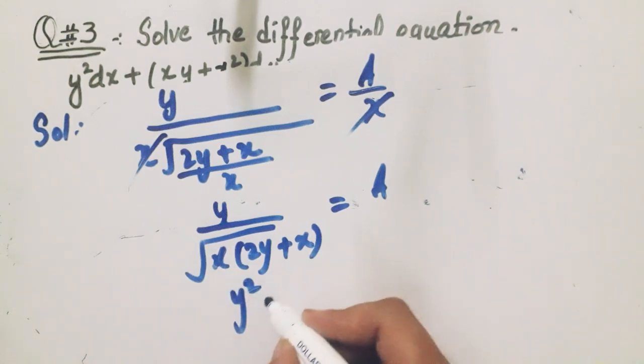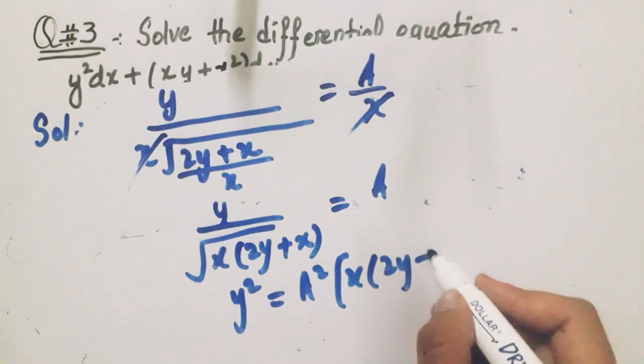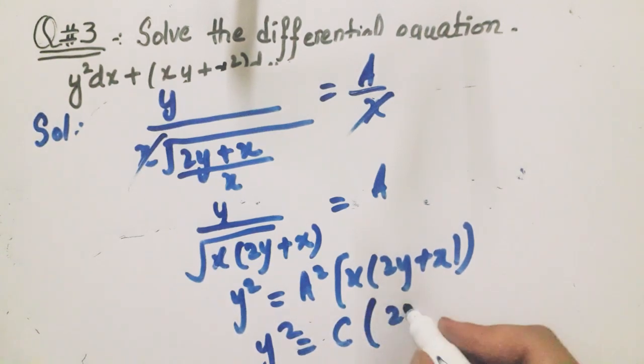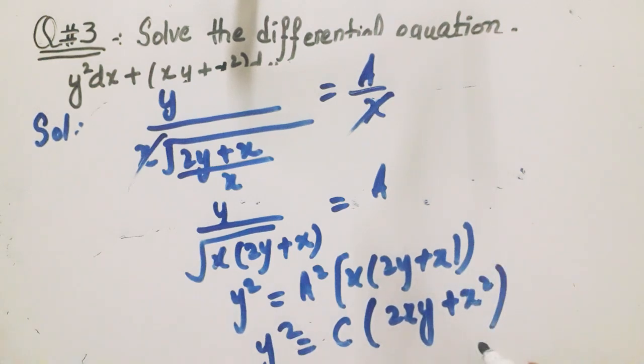Now y squared is equal to a squared into x into (2y plus x). Now a squared is constant, so y squared is equal to c into (2xy plus x squared). So this is the solution of this differential equation.